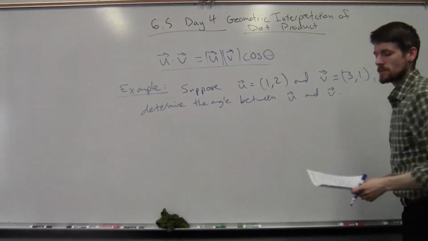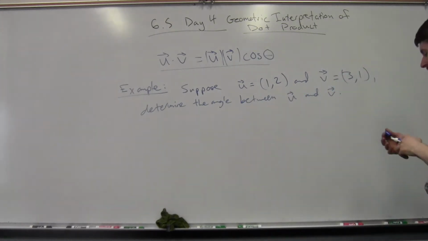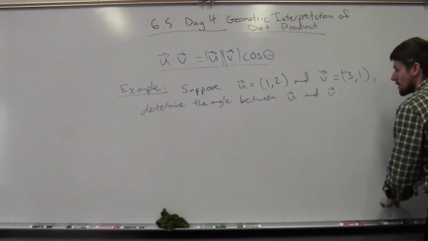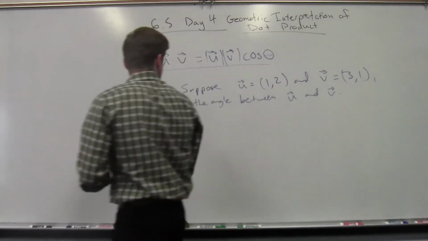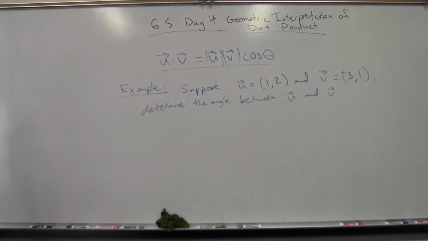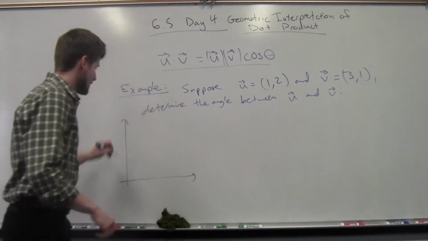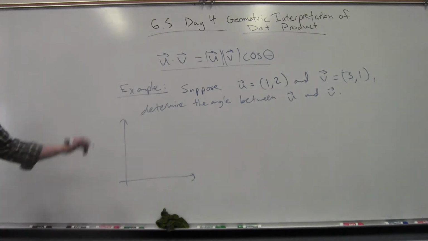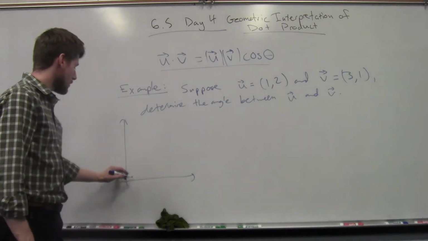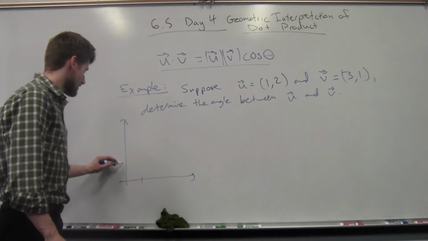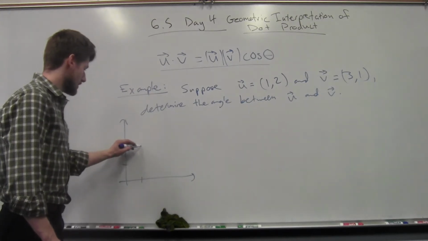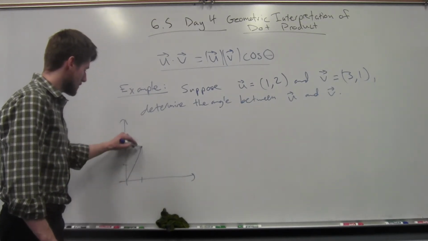I'll draw a picture first, and then we are going to find the angle using algebra. So here's my plane, and I'm going to draw the vectors 1, 2, and 3, 1. Here's 1 in the x, 2 in the y. This would be my vector u.